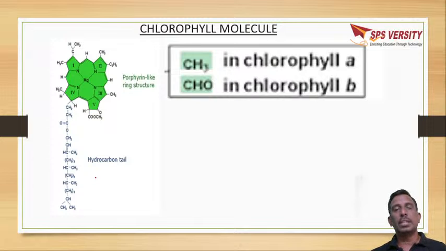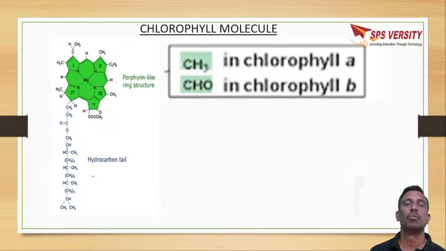So when you come to inside the thylakoid, what is inside the thylakoid? Photosynthetic pigments are present. The major one is chlorophyll. What you are seeing is the structure of chlorophyll. The major photosynthetic pigment is chlorophyll A. So this is the chlorophyll A structure.